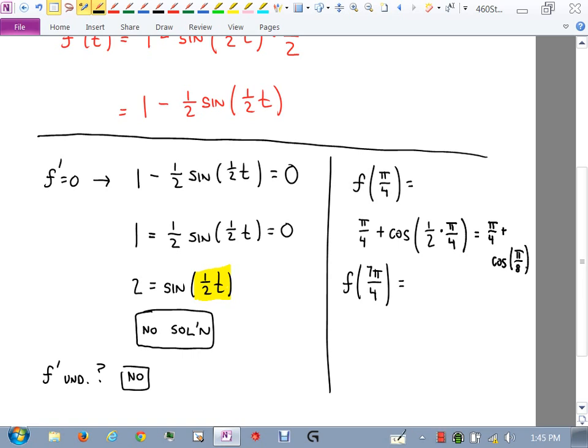So you get your calculator out and figure out what that is as a decimal. And then do the same thing for the next one: 7 pi over 4 plus cosine of 7 pi over 8.